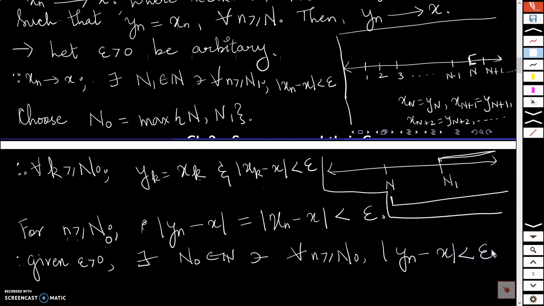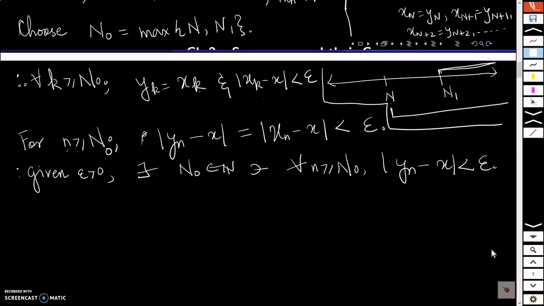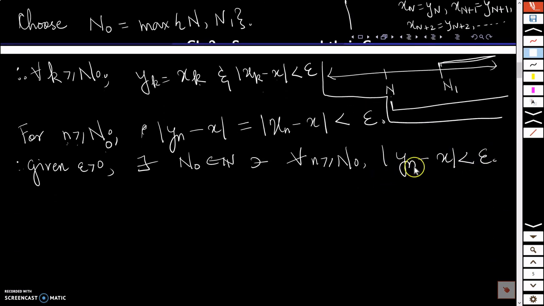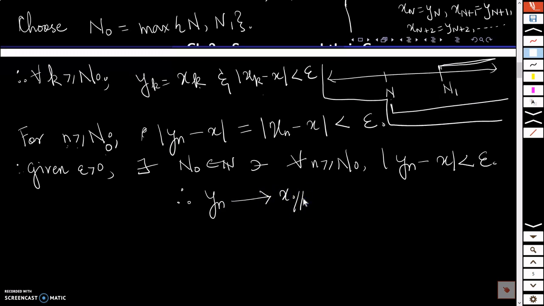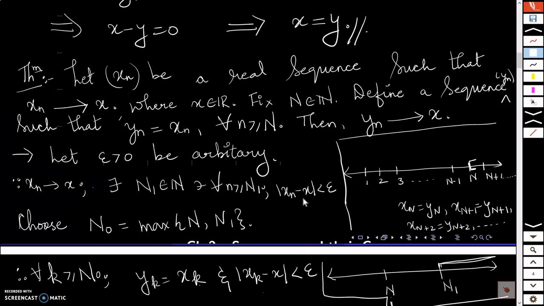What does this mean? That's the definition of convergence of a sequence yn, and this tells me that the sequence yn converges to x, right? So the conclusion from this theorem is this.